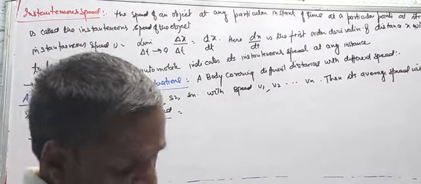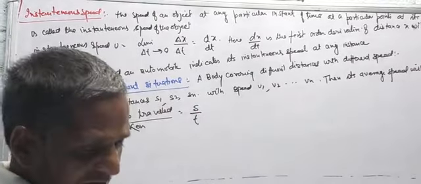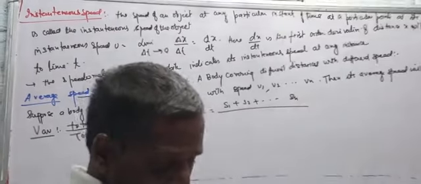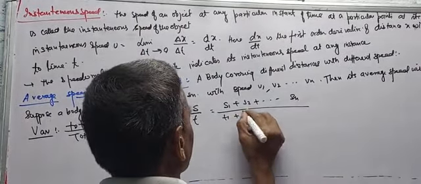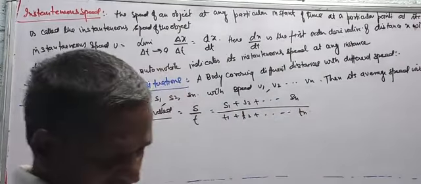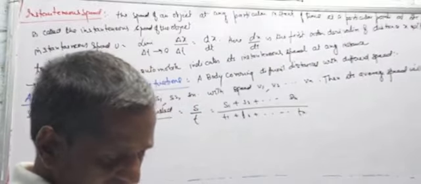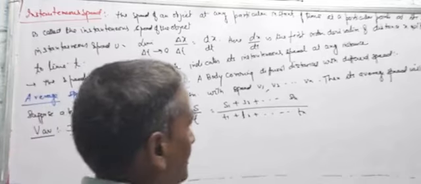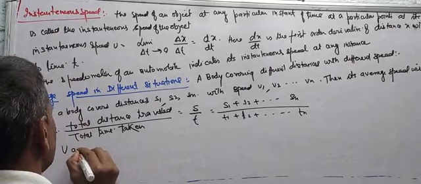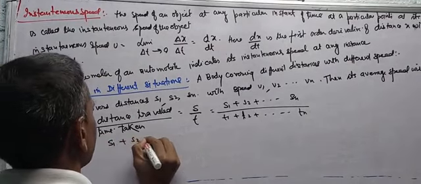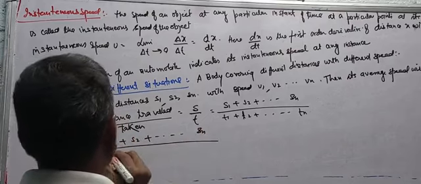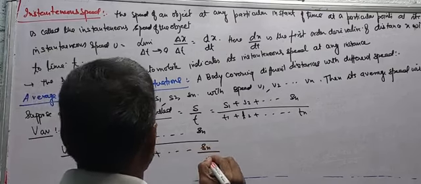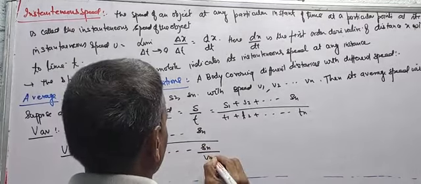In formula form, S upon T, or in other words it becomes (S1 plus S2 plus ... Sn) upon (T1 plus T2 plus ... Tn), or v average becomes (S1 plus S2 plus ... Sn) upon (S1 upon V1 plus S2 upon V2 plus ... Sn upon Vn).